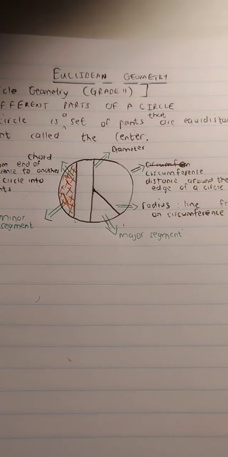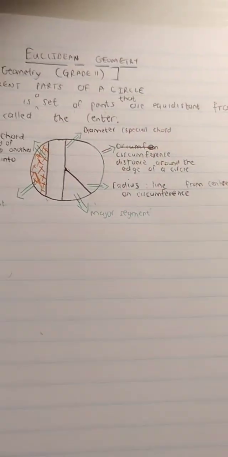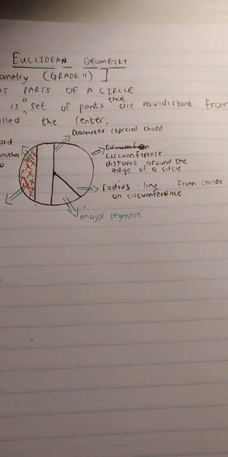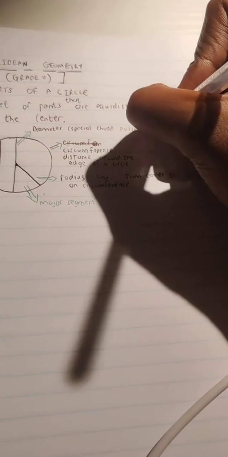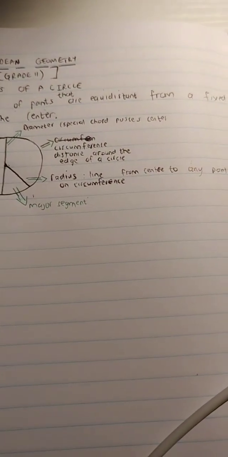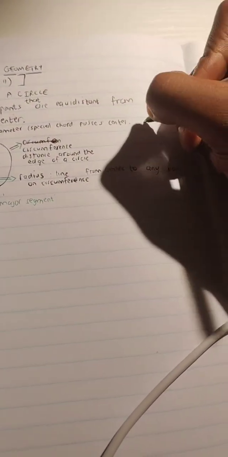We call that special chord a diameter. So I literally say it's a special chord. Yes, it is a chord, but it's a special kind of chord, because it passes through the center.